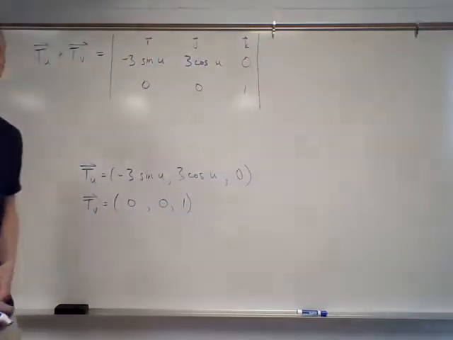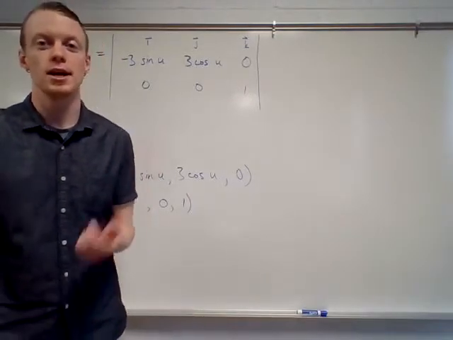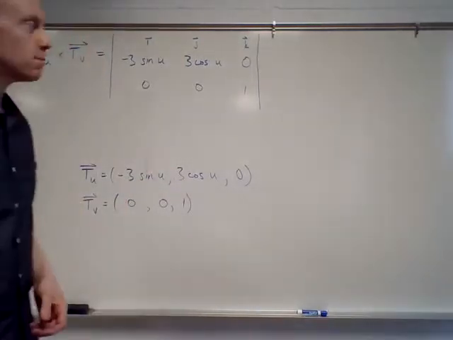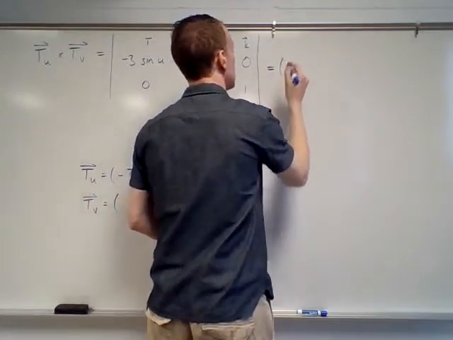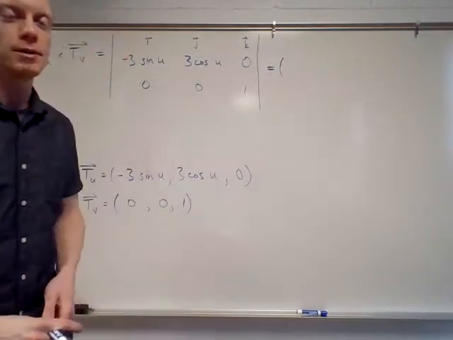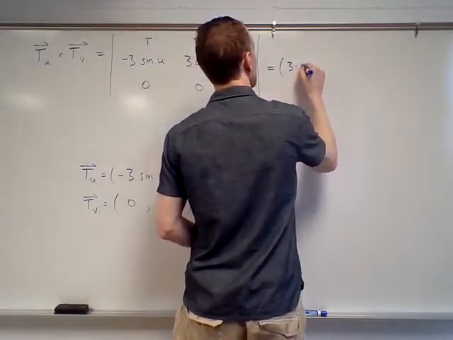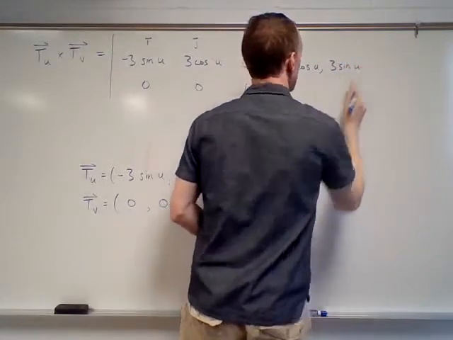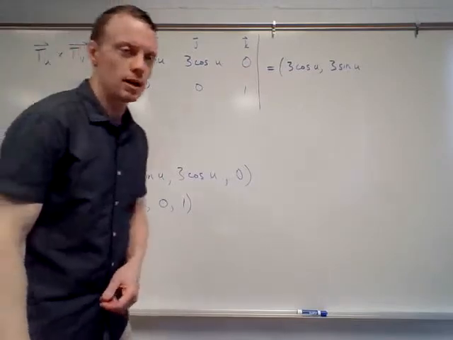As we set up our 3x3 matrix here, we're going to find the determinant of this 3x3 matrix, and that is going to give us our cross product here. And what you find in the end, a straightforward calculation of the determinant of a 3x3 matrix shows you that we come up with 3 cosine of u, comma 3 sine of u, comma 0.